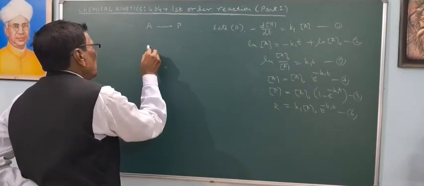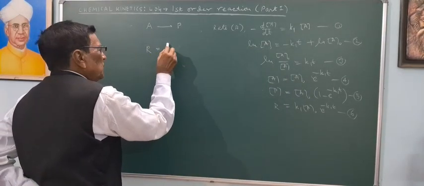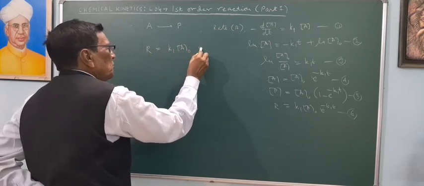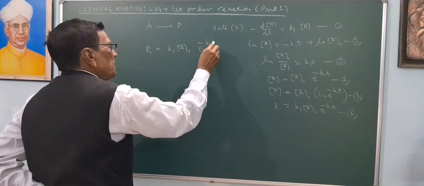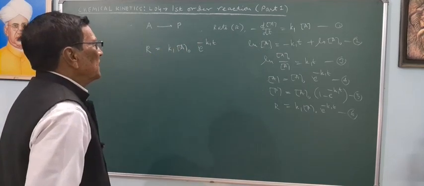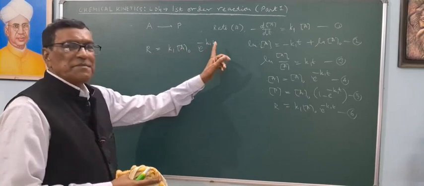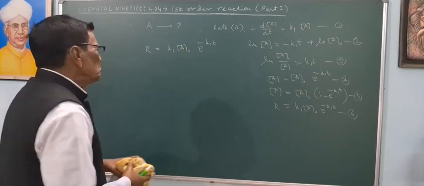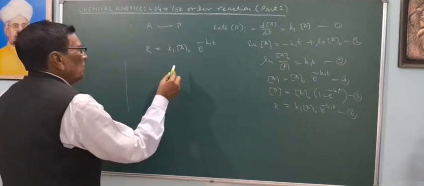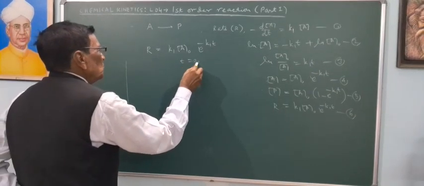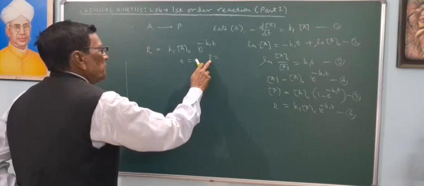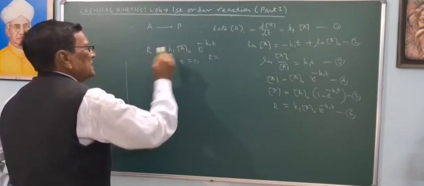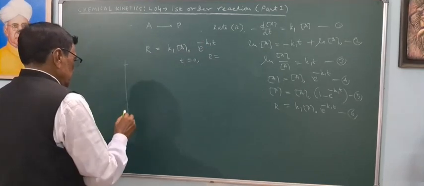The rate equals K1 concentration of A naught into e to the power minus K1T. That means it is the rate at this time T. K1 and A naught are constant. If you plot, when T equals 0 the exponential is 1 and the rate is maximum, so this will start here.